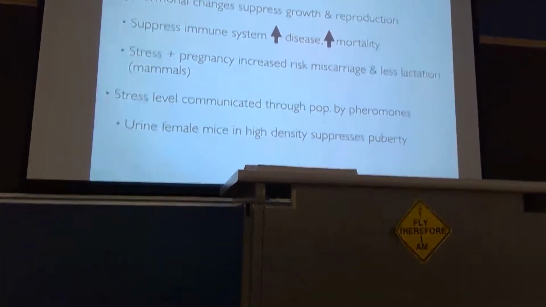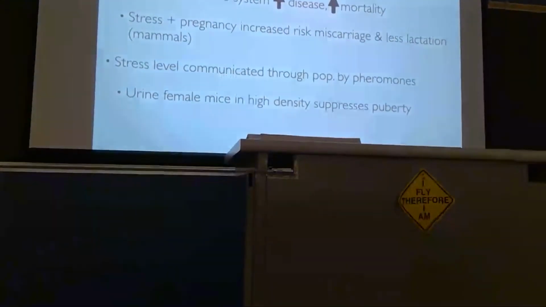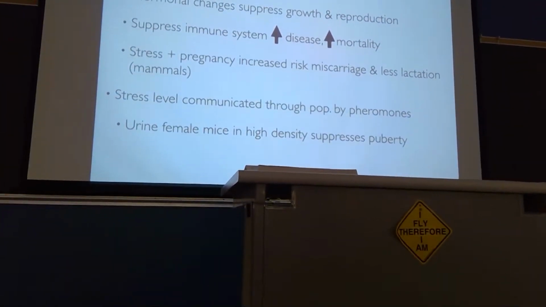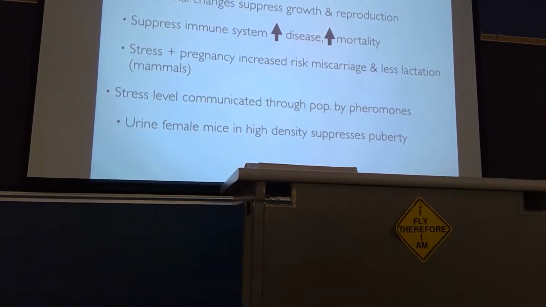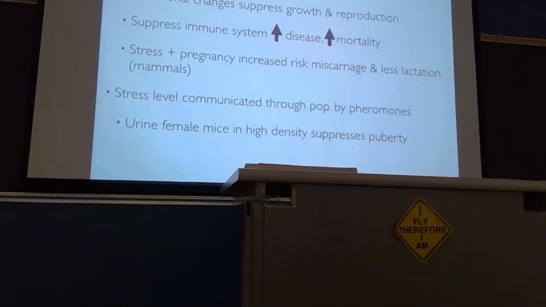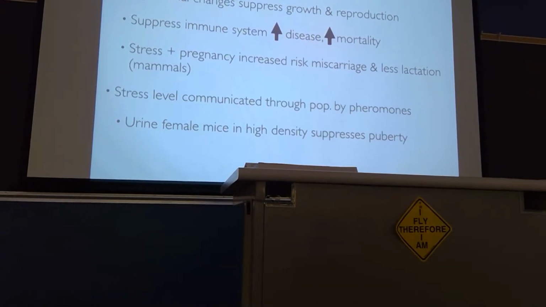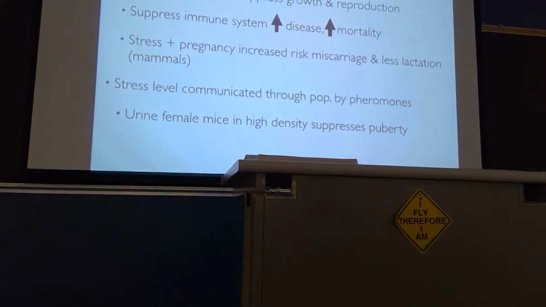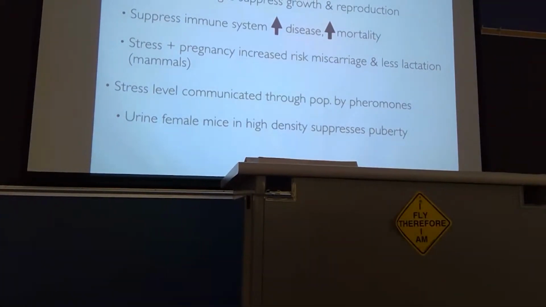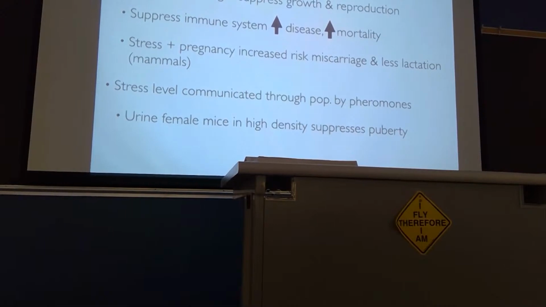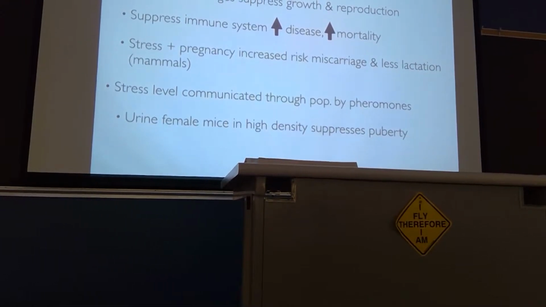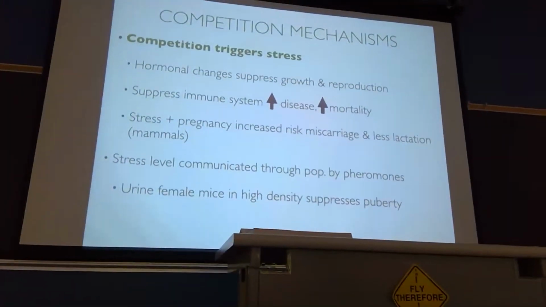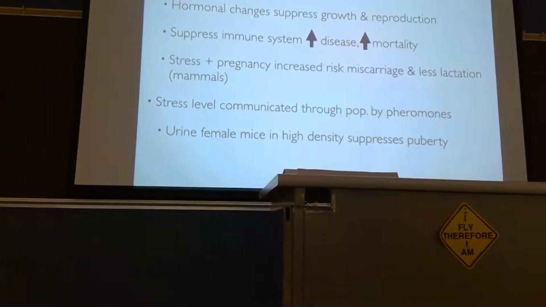Very often we see that stress results in a depressed immune system, and thus when you are exposed to disease, you will not mount the same immune response, and as a result, you will have increased mortality. Here we talk about disease being a density-dependent controller of population size and growth. It does so in a couple different ways. And this is one of them, in that increased competition for resources suppresses your immune system, and that has consequences for your ability to fight disease, directly leading to increased mortality rates.